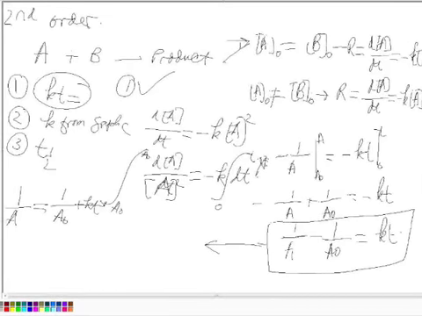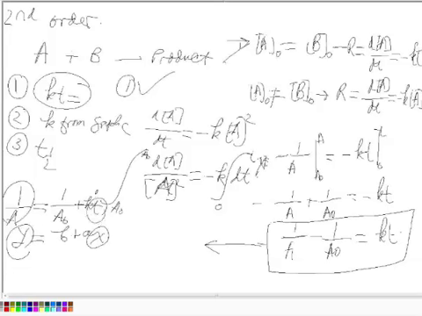Is that right? And now we just make this as y, and this t as x. So when we plot this, meaning this one against this one, what we get is K from there.